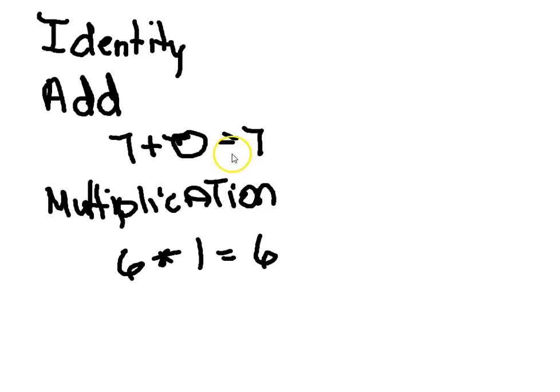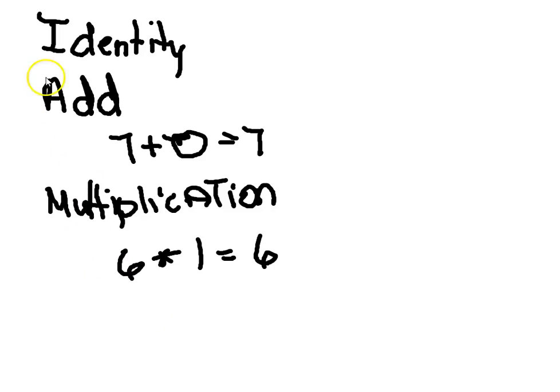In addition, you're going to be adding a 0. In multiplication, you're going to multiply by 1. And this actually comes in handy because when we're trying to solve for something with fractions in it, we need a common denominator, we play some games with the 1, so this is fairly useful to have.